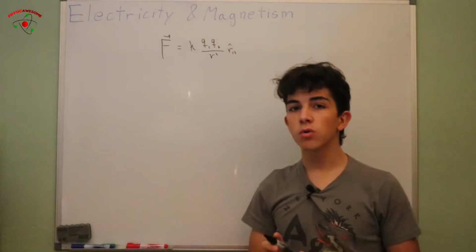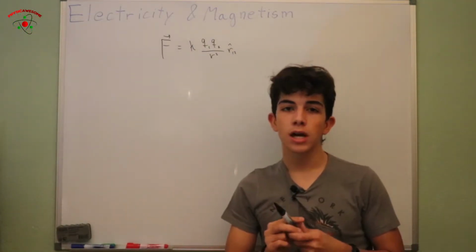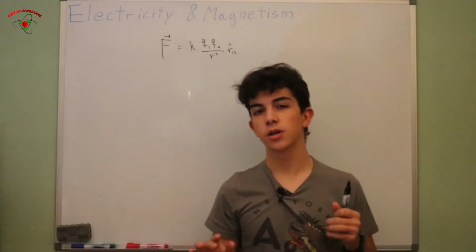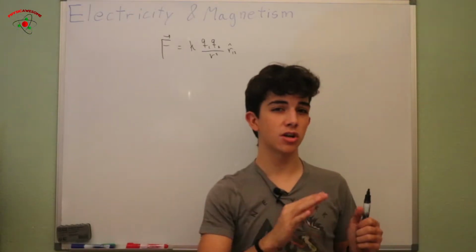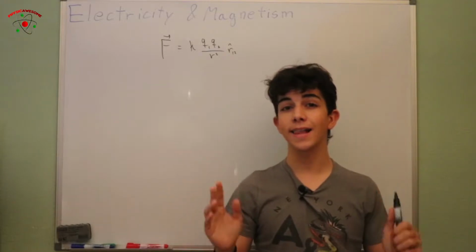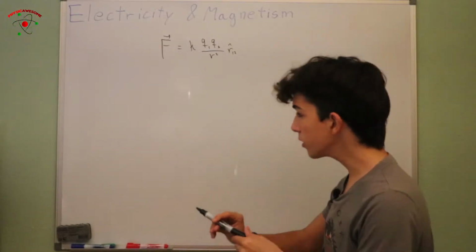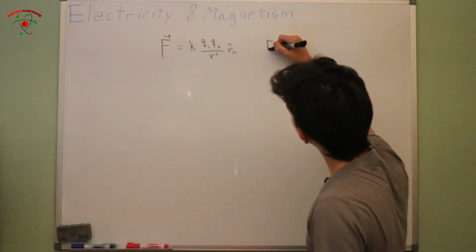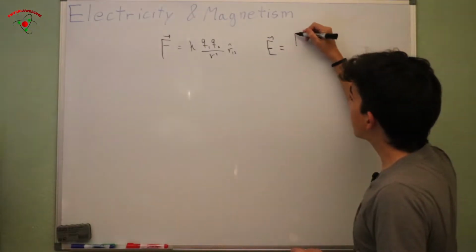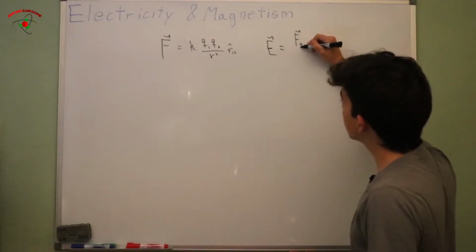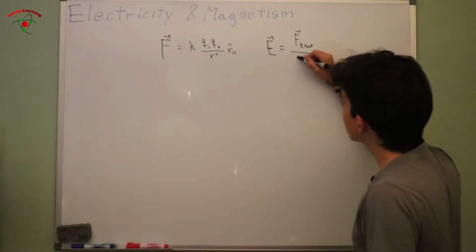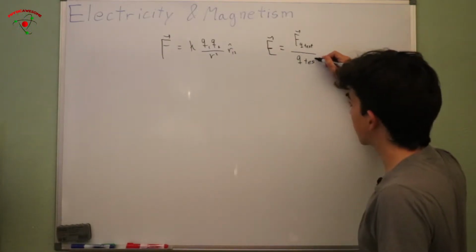However, we would like to know, for example, how a charge modifies its environment when there is no other charge around. And a very important tool will be the electric field. Electric field equals the force a Q test will feel divided by that same Q test.